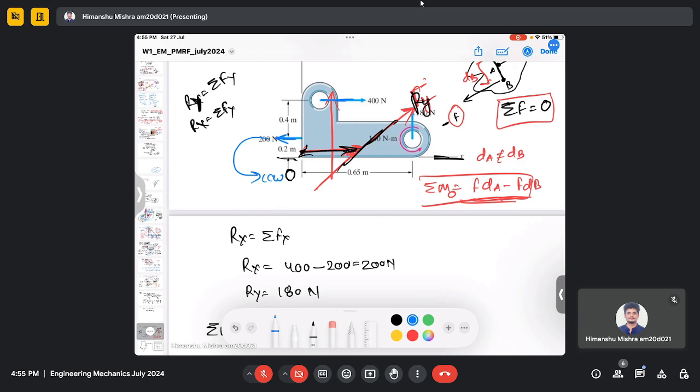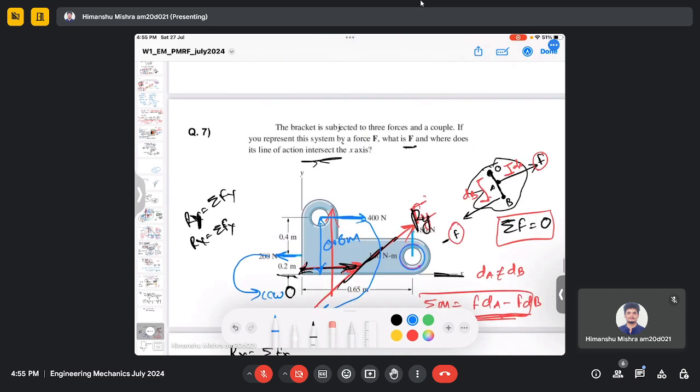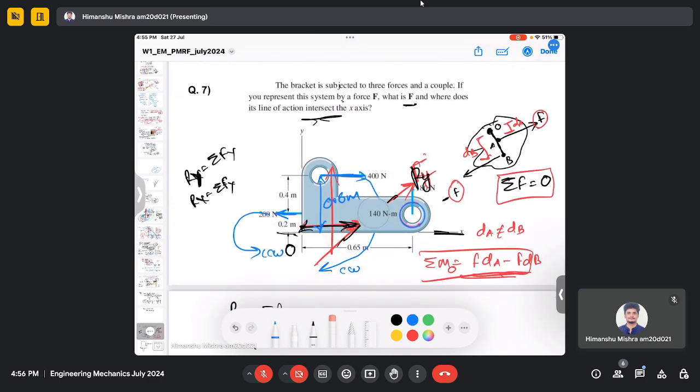Then the moment due to 400 Newton is revolving about point O in the clockwise direction, and there is a perpendicular distance, which is 0.6 meter. Then we have already been given one moment, a couple, which is 140 Newton meter, so we need to consider that also.